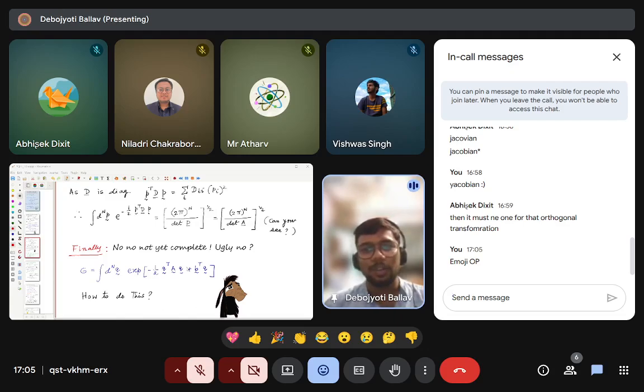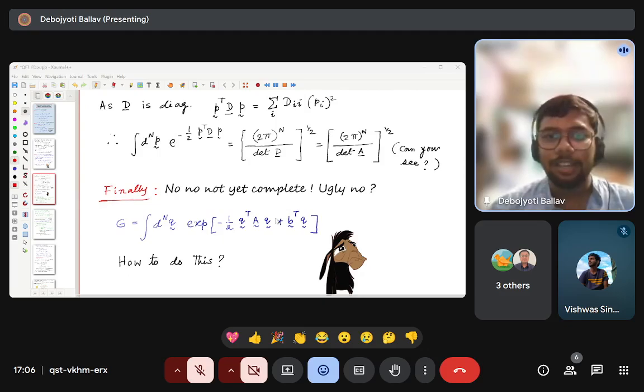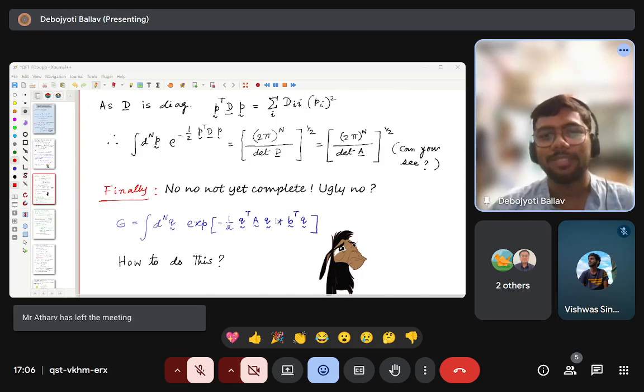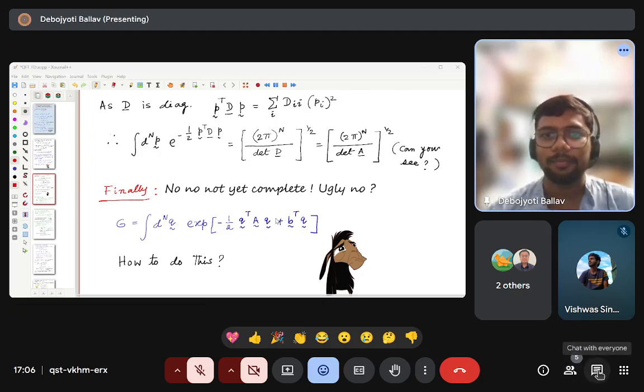It will be a warm up kind of thing, integral after integral, and we'll make it more and more complicated. That's how we go. Any guess? Earlier, somebody was saying that you can take a maxima of this.